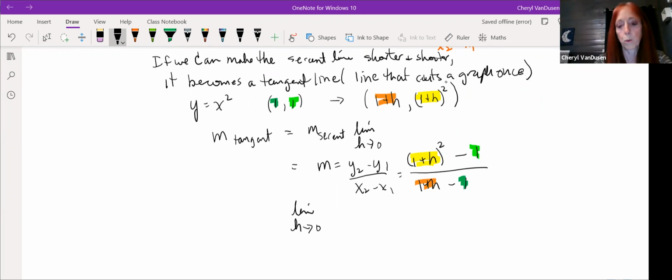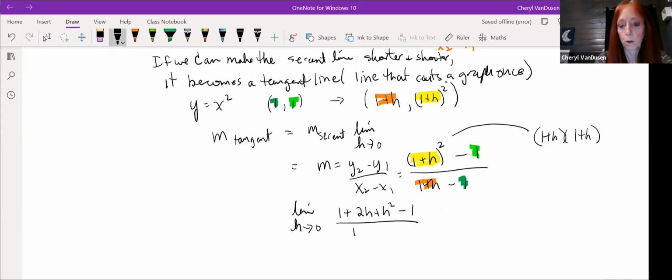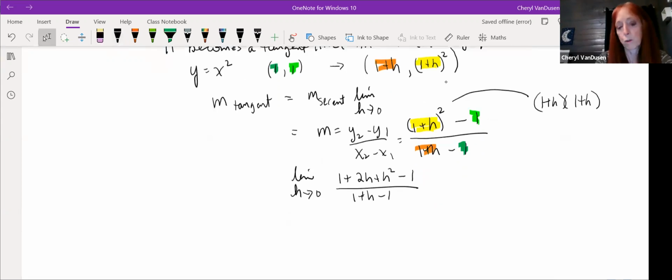So we have to do a little bit of math here. 1 plus h squared. Let's take that over here and remind you that we have to do FOIL. So 1 plus h times 1 plus h is 1 plus 2h plus h squared, minus 1, all over 1 plus h take away 1. We'll simplify that bottom. The ones on top are going to cancel. The ones on the bottom are going to cancel.